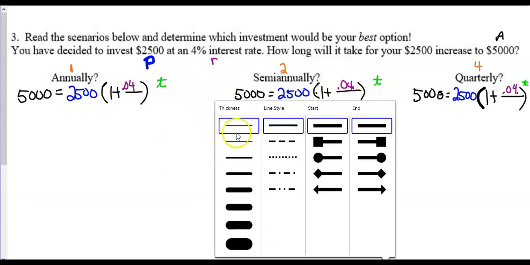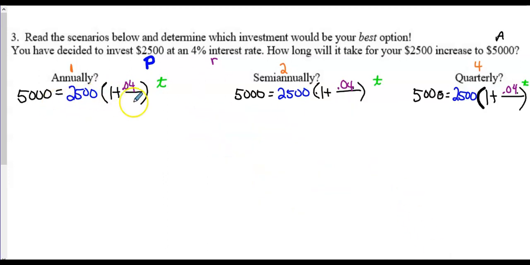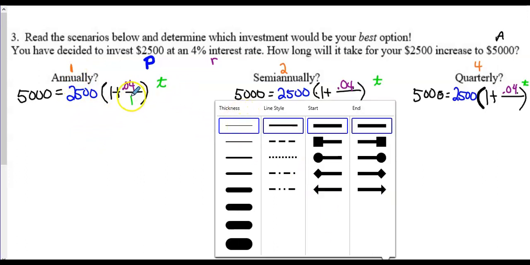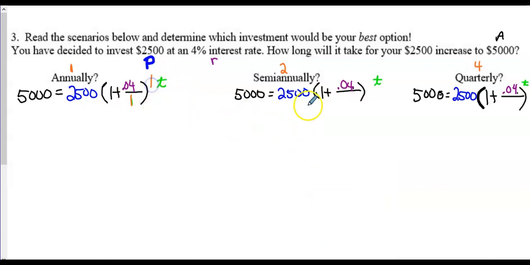So on every one of these too, we're going to fill in a different number here and here because that's what's going to match the number of compounds. So if it's compounded annually, the number of compounds per year, that's supposed to be orange, is 1. So we'll fill in a 1 here and a 1 here. Number of compounds semi-annually, 2. So fill in a 2 in both places. 4 for quarterly, try to squeeze that in.